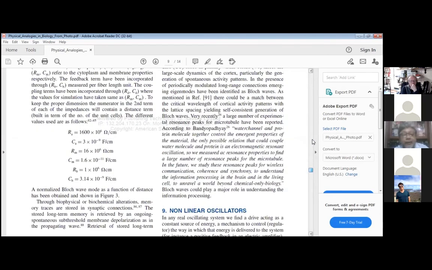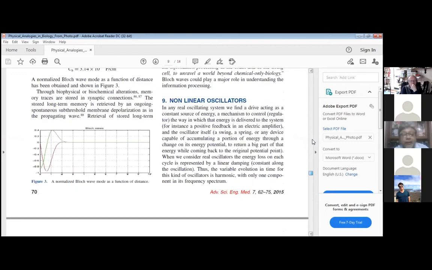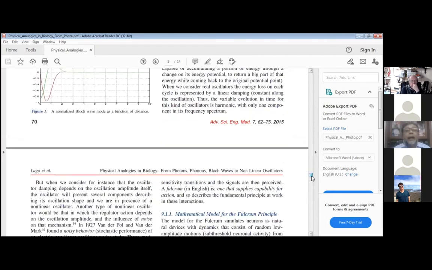Here we calculated using this extended model, what I had shown during the memory paper description, using the Bloch propagation. So we got some normalized Bloch wave mode as a function of the distance. This is a very interesting result we got. The other part I'm not going into, because we are talking about the analogies in general: photons, phonons, Bloch waves to nonlinear oscillators.